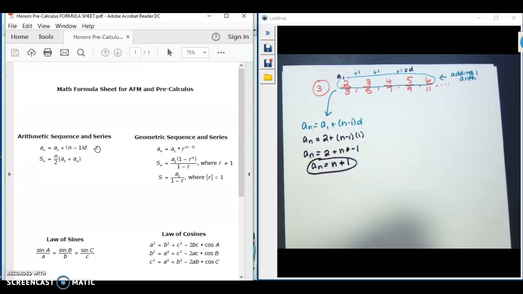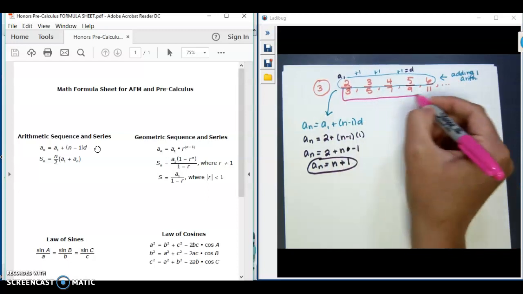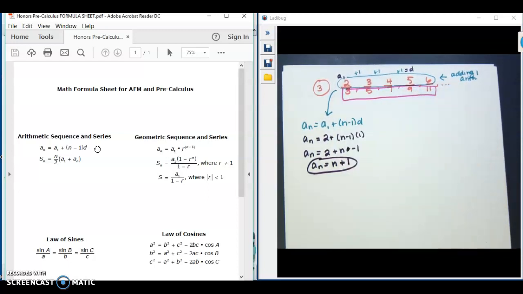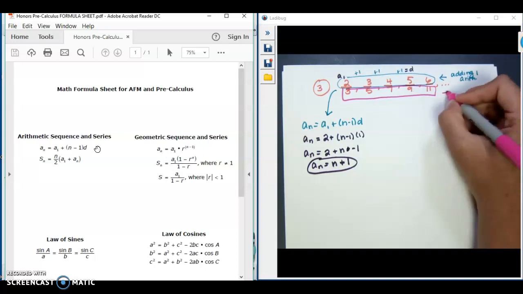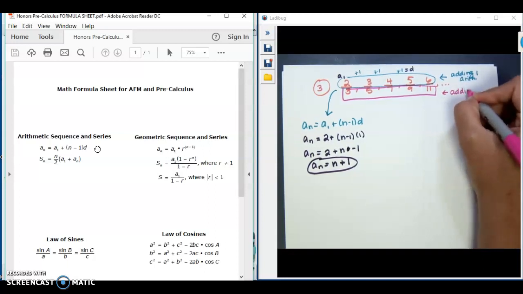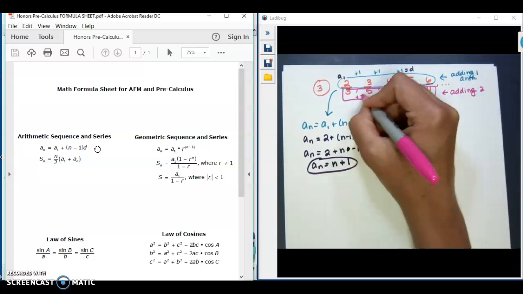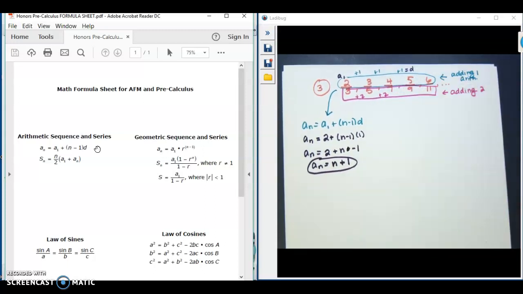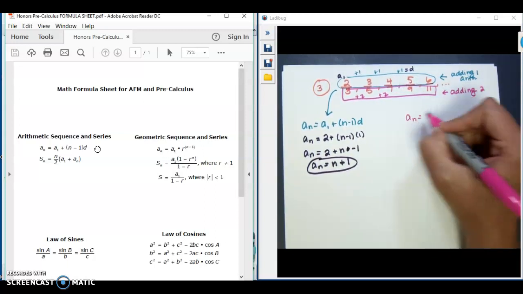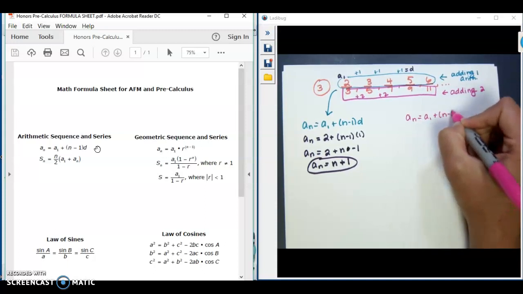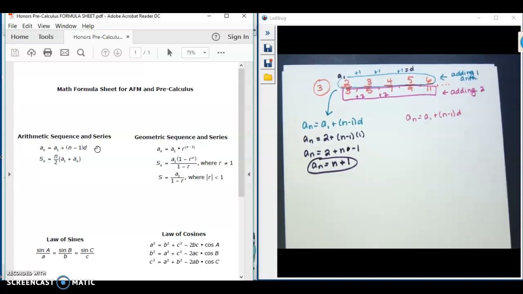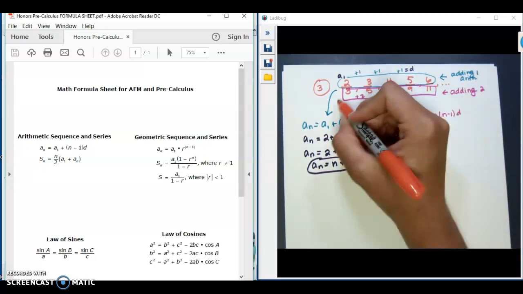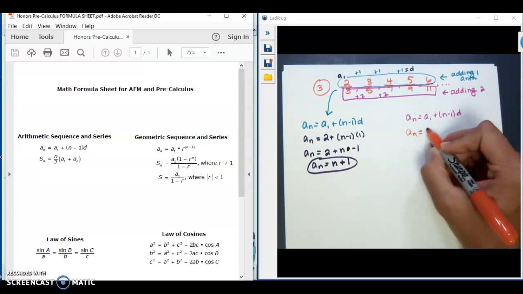Okay, so now let's see if the denominator has a pattern. If you look at the denominator, we have 3, 5, 7, 9, 11. Well, that's good. We're adding 2 each time. So it's still going to be arithmetic, so we can use the same formula on the formula sheet. For the denominator, we have a first term of 3.